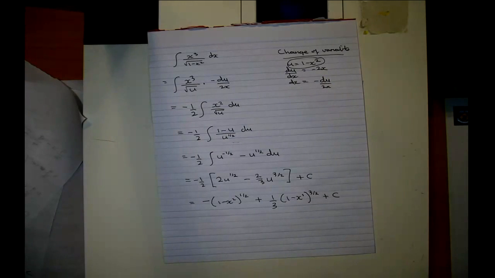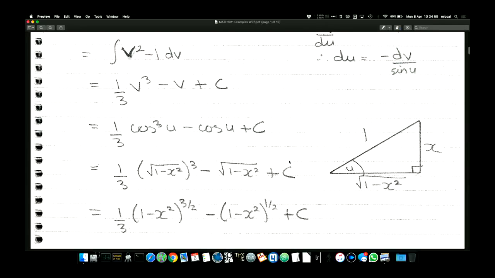So although it seems more work, it's a really powerful method, because it often will work for integrals where a simple substitution won't work. But you can see that answer is entirely equivalent. Obviously, the terms are written the wrong way around, but it's the same.